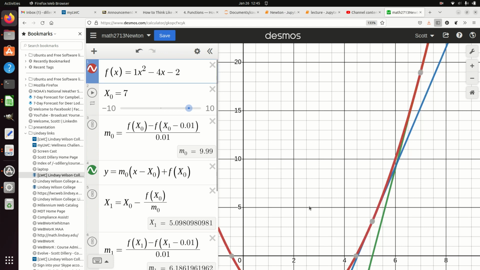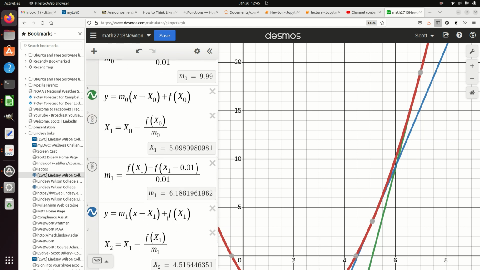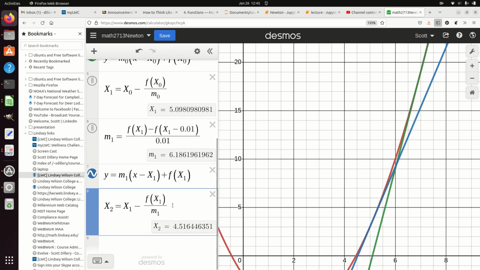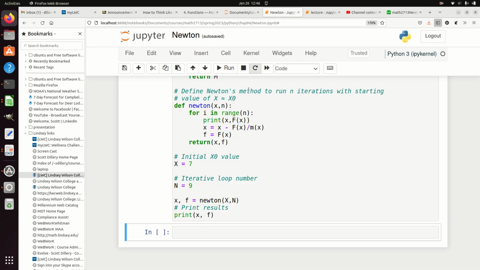Now, if I click on that function, I can tell you that function's equal to 0 at about 4.449. And after these 2 iterations, I'm at, I think, 4.51, I guess. And if I click here, I can see that it's 4.516. So I'm really close. Well, so let's look at Newton's method run here.